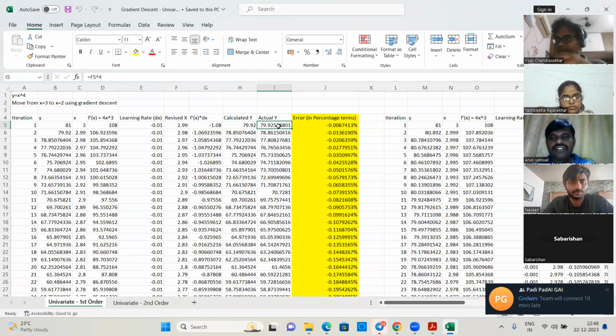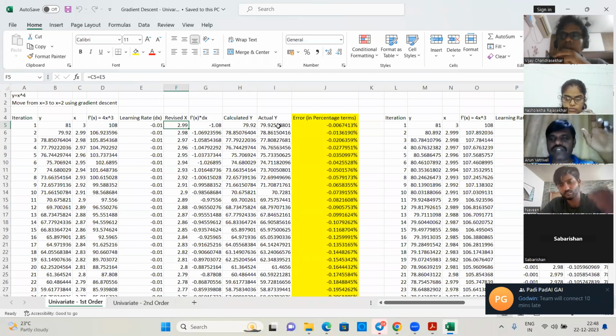The actual y is the curve, isn't it? Well, if you look at the actual y, when I use the word actual, assuming that this is the x, the actual y we are taking because we have a function y is equal to x to the power of 4. So for every value of x, there is another value of y. Correct.